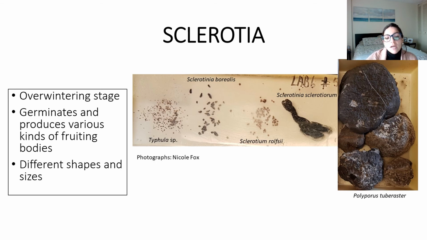Here, for example, we have sclerotia from Typhula, here from Sclerotinia borealis, here from Sclerotium rolfsii, from Sclerotinia sclerotiorum, and we can see that they have different sizes and shapes, and we have these ones of Typhula, which are very small, and this one from Polyporus, which are huge.